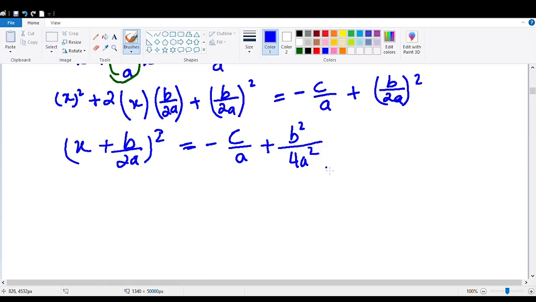So now what we want is the value of x. To get the value of x, we'll have to get rid of this square first, so that we can send this to the other side and we can get x. So before we do that, let me write it again: x plus b over 2a, whole square, equals minus c over a plus b squared over 4a squared.